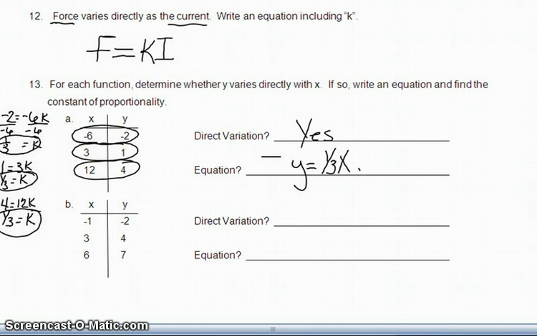And that can be written y equals x divided by 3, which is how you'd probably see that. Please pause the video and determine if B is a direct variation, and if so, what is the equation? When you're ready to check your work, please start the video again and see how you did.